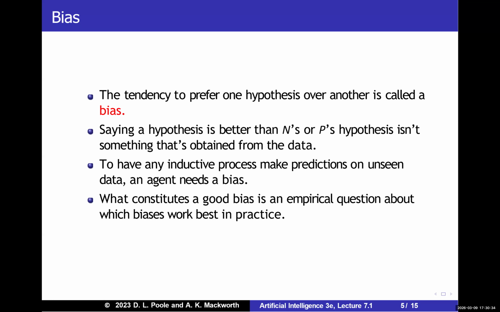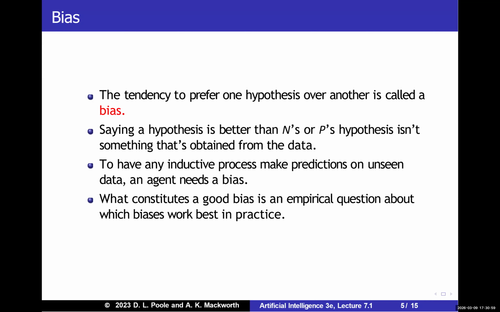In machine learning, the word bias has a specific technical meaning. It refers to the tendency of a learning system to prefer one type of hypothesis or model over another. This preference is not derived from the data itself. Instead, it comes from the assumptions built into the learning algorithm.